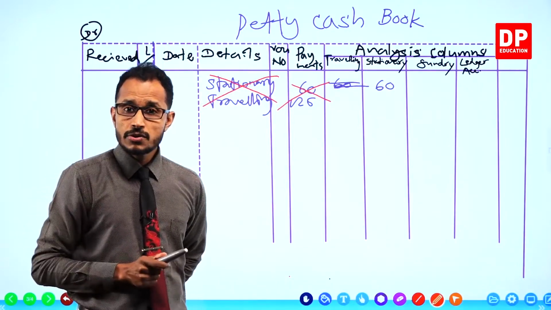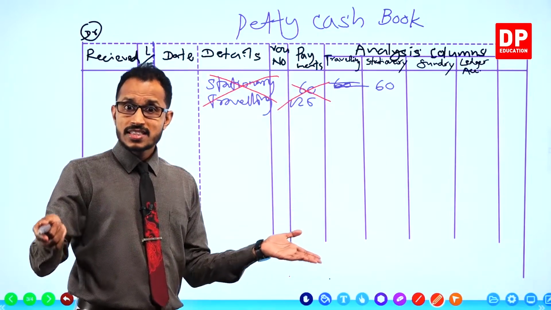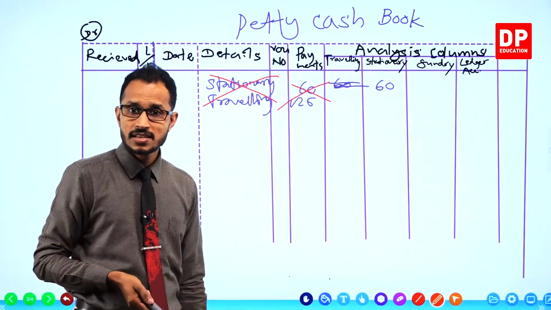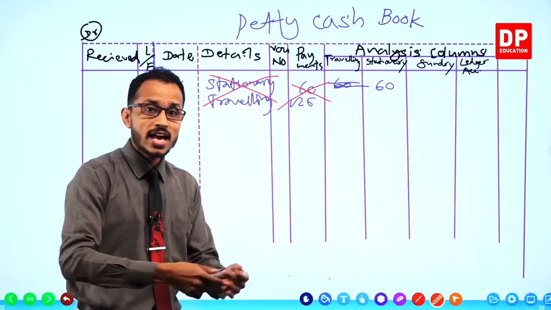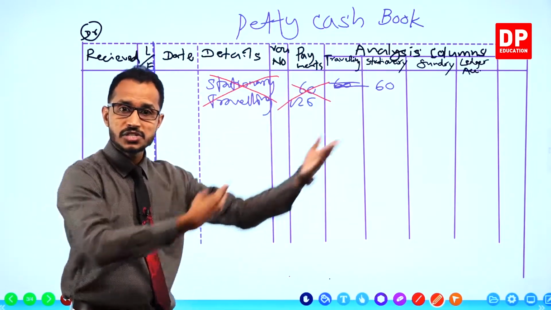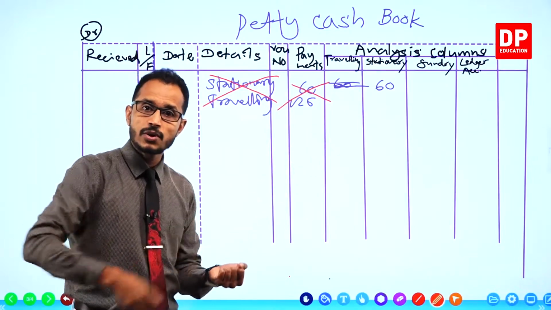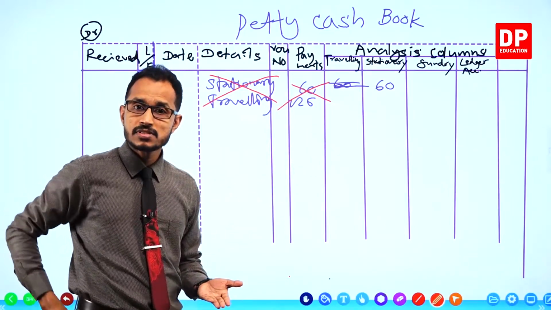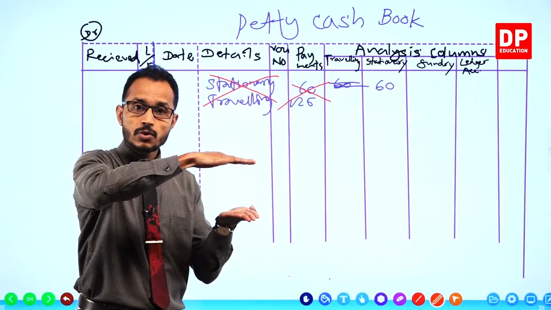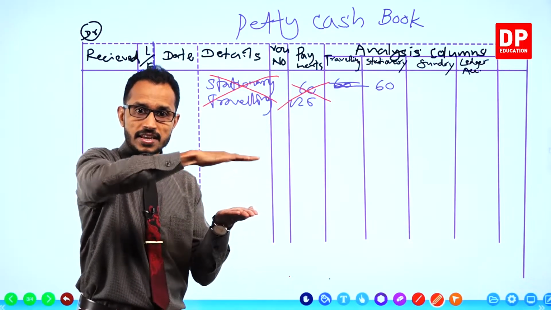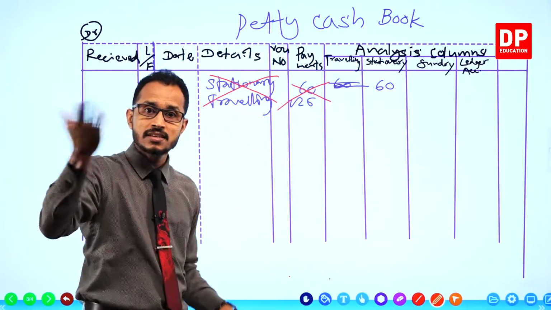First of all, you should record the receiving of the imprest. First of all, you should receive money from the main cashier. You should get money. From that money only, you start the payments. You should have a fund. First, you have to record the fund, the petty cash fund or the imprest.